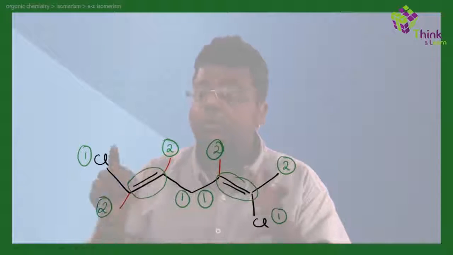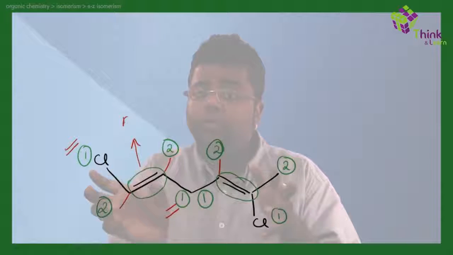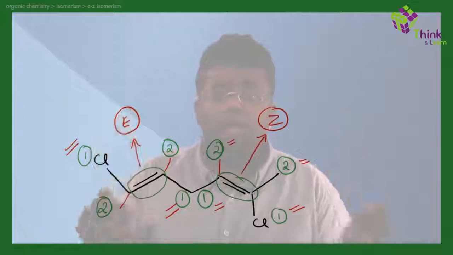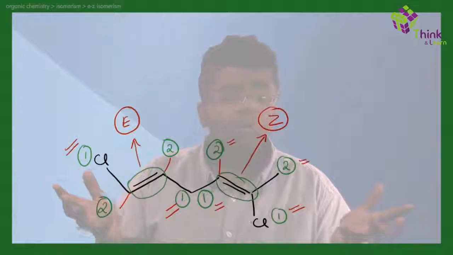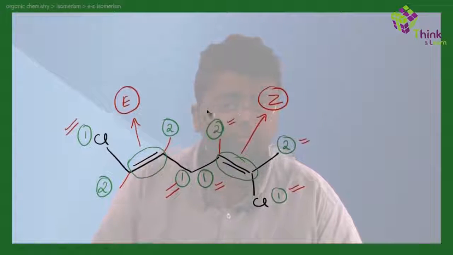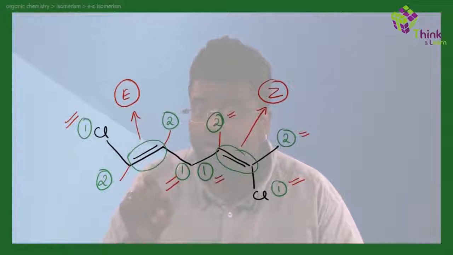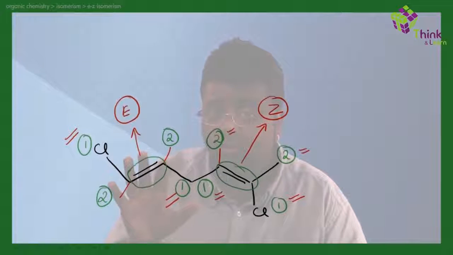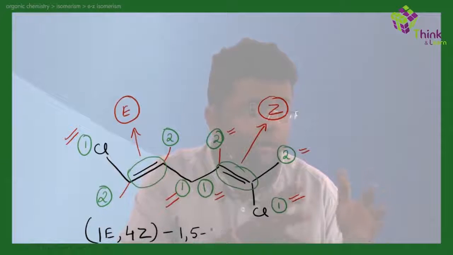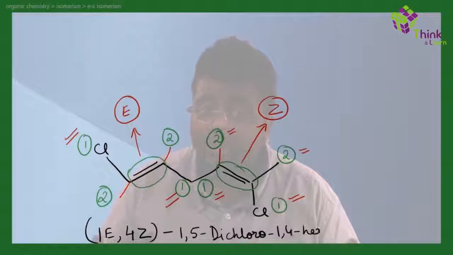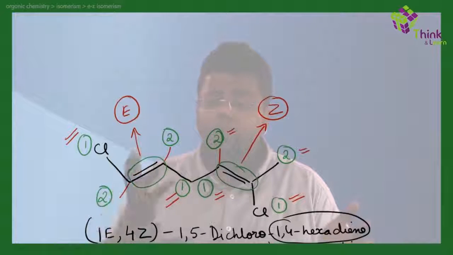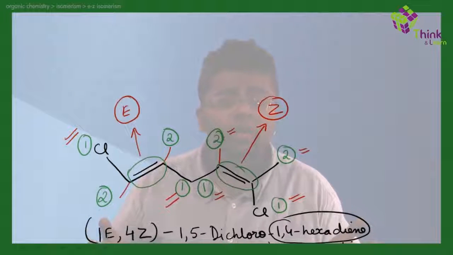But if over here the groups are different, I'll use this as my reference point and the other double bond as my reference point, assign the priorities, and find out what exactly is there at the first double bond and the next double bond. So if you look carefully over here, at the first double bond it has E isomerism, and on the other one it has Z isomerism. So what should be the name? This is how the name for this particular compound would be written.